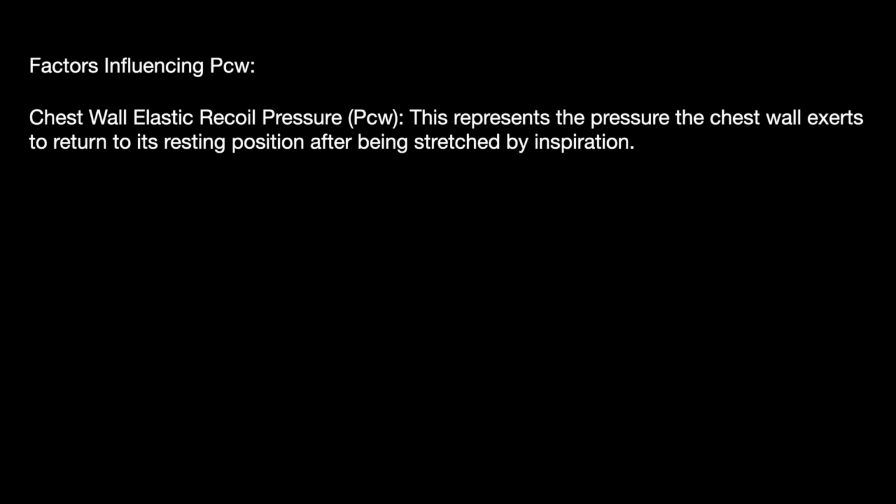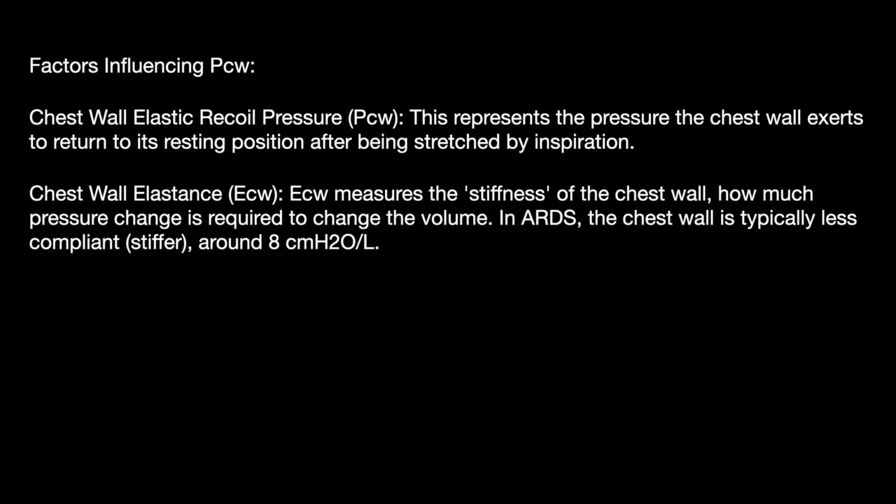It represents the pressure the chest wall exerts to return to its resting position after being stretched by inspiration. The chest wall elastance measures the stiffness of the chest wall, how much pressure change is required to change the volume. In ARDS, the chest wall is typically less compliant, stiffer, around 8 centimeters of water per liter.